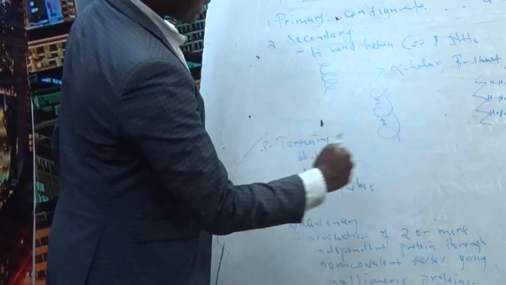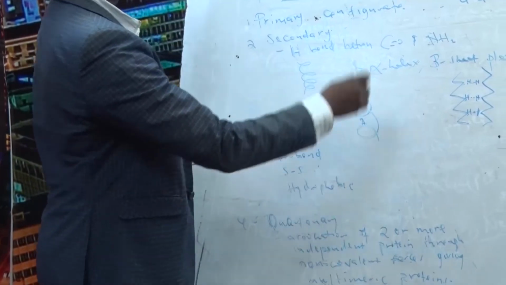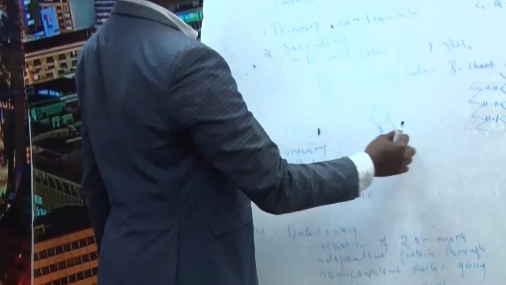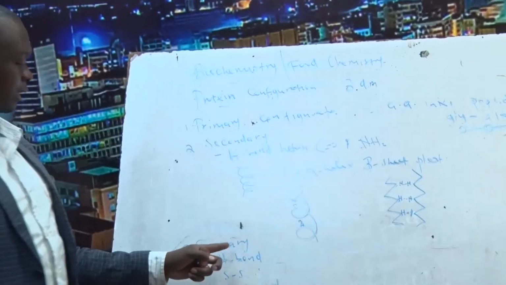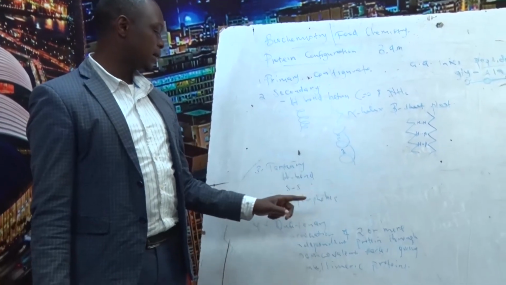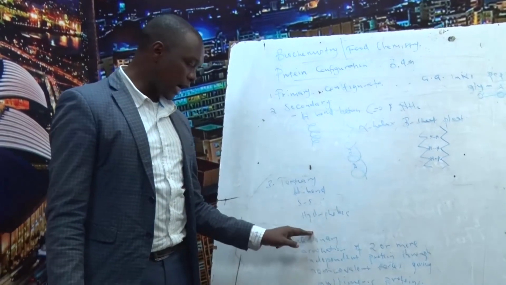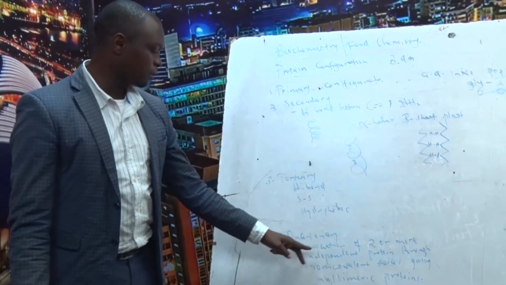So basically we can say that tertiary is an advancement of the secondary. Remember we said the secondary was an advancement of the primary. So the tertiary is formed through hydrogen bonding as well as linkage of disulfide bonds and hydrophobic bonds.